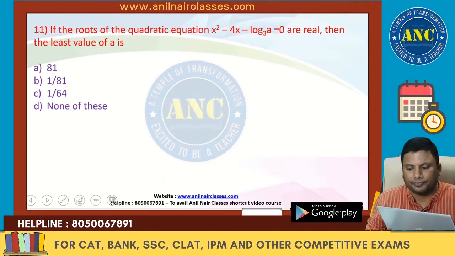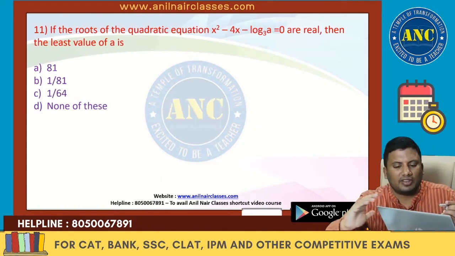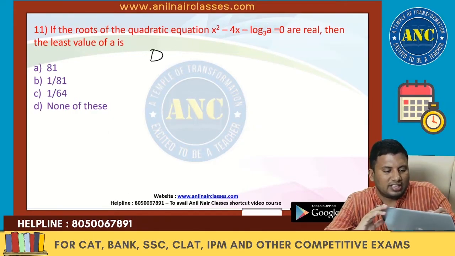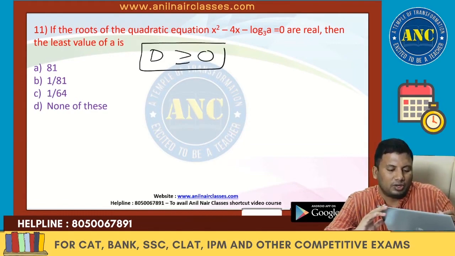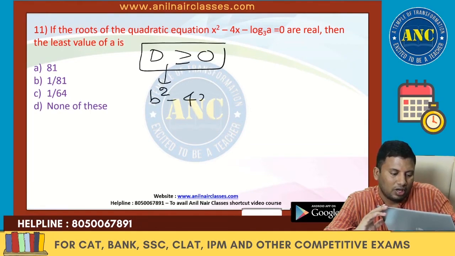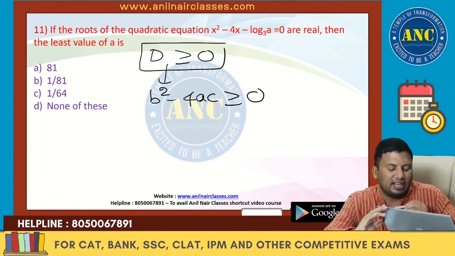Next one. If the roots of the equation are real, the discriminant is greater than or equivalent to 0. If the discriminant is greater than or equivalent to 0, b square minus 4ac is greater than or equivalent to 0.